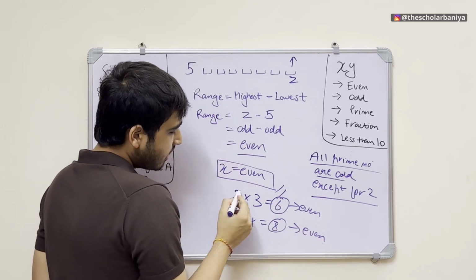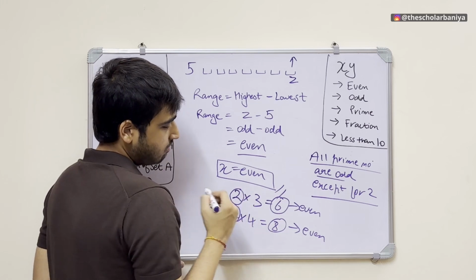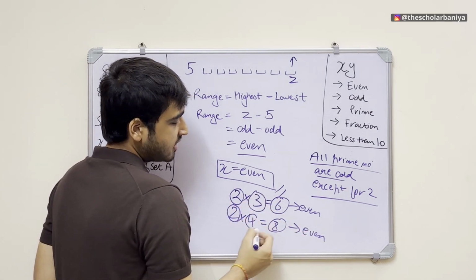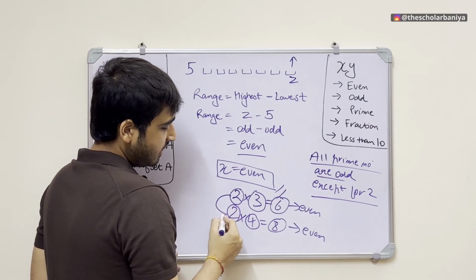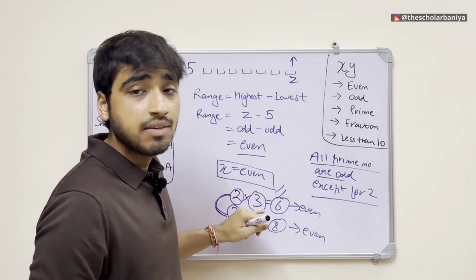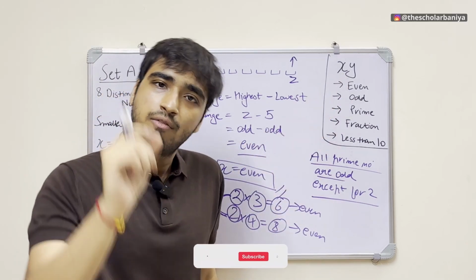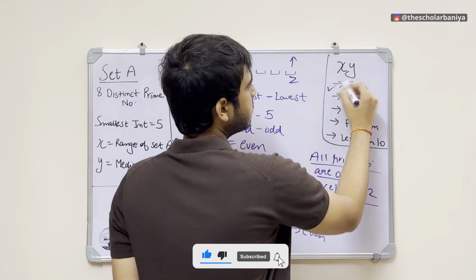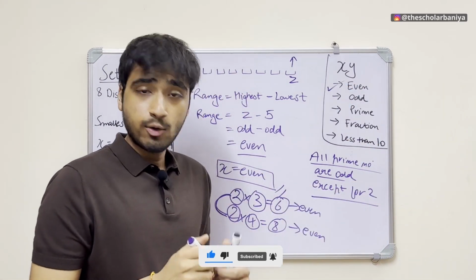The point is, if there is one even number, the result will always be even, whether the other is odd or even. So we know that x is even, which means xy will always be even. That is one thing for sure. So your answer is A. I hope this is clear.